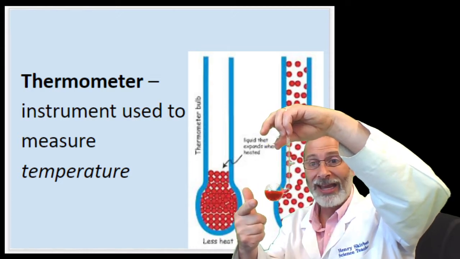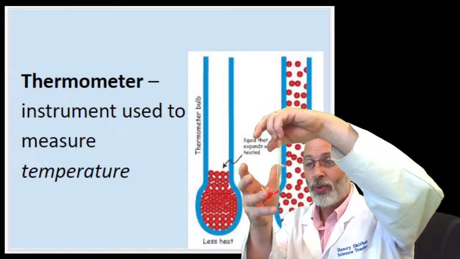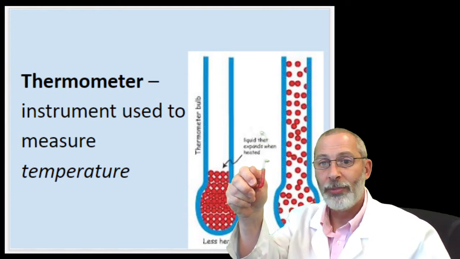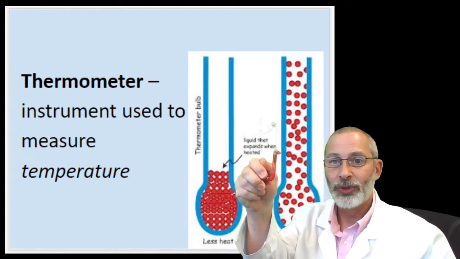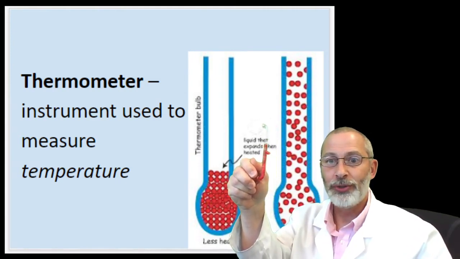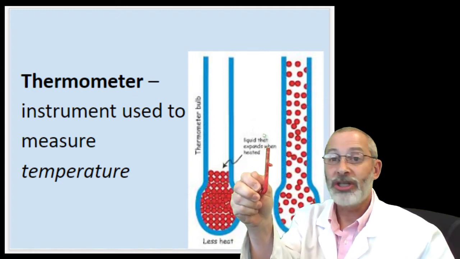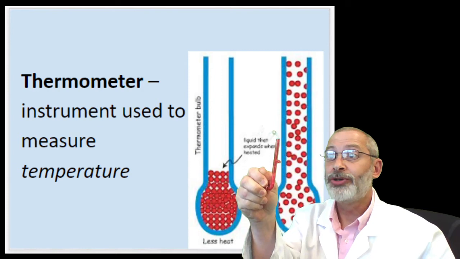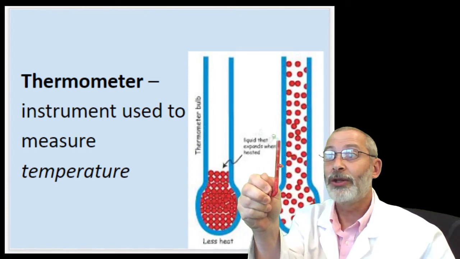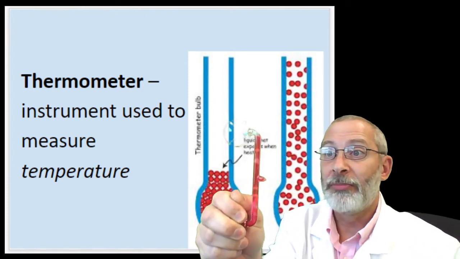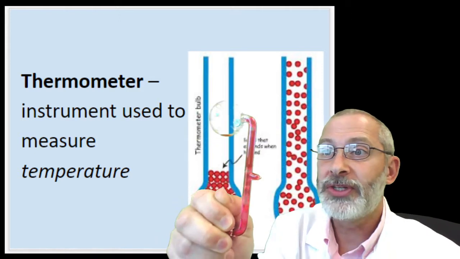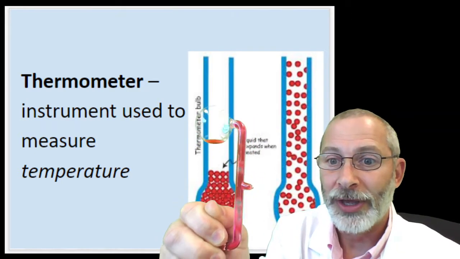Right now, I'm not adding any heat energy to it, but when I hold on to the bulb, look what happens to the liquid. It goes up the tube higher and higher and higher until it eventually, if it's hot enough, will enter the top tube. And it's getting closer. I'm pretty hot. Let's see if it enters the top tube. And there we go. Check it out.